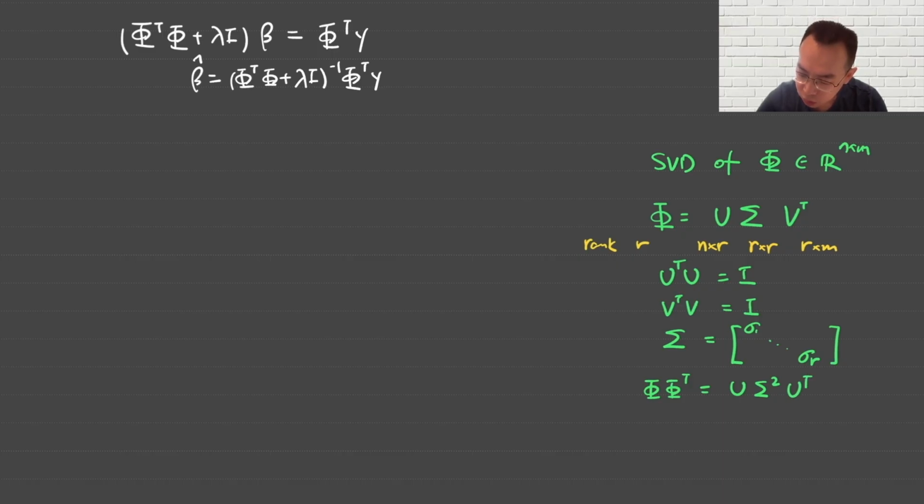And then phi transpose phi will become V sigma square V transpose. Importantly, for our kernel matrix, we will later show that we can define that as K, so phi phi transpose will become the kernel matrix later on.